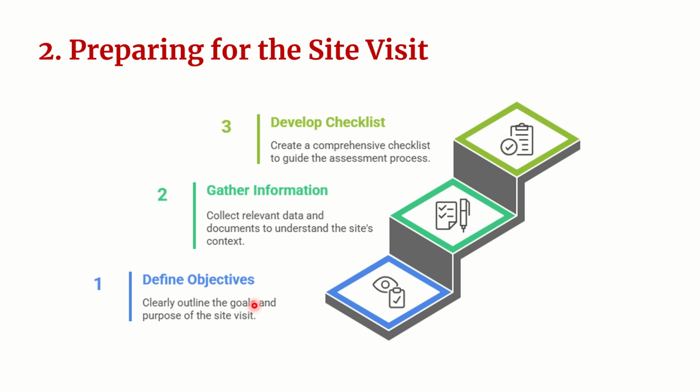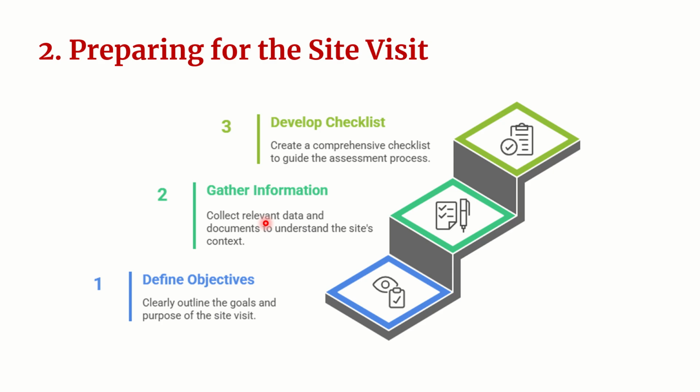So define objectives. Clearly state what you aim to achieve during the visit. Example, like identify major waste streams, observe some operational practices, and discuss with the personnels, interview them, ask some questions, and understand the process. The next, gather information.